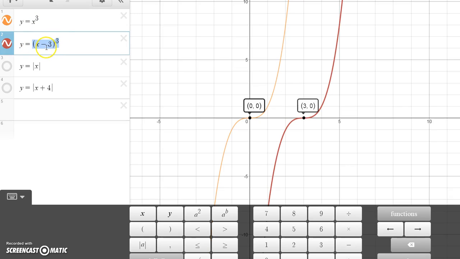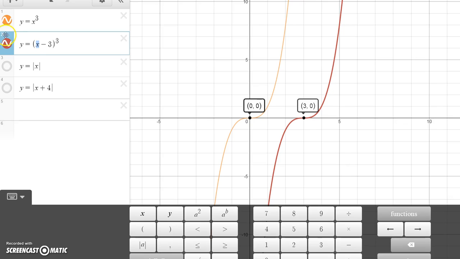When is y going to be 0 for this one? It's going to be 0 when x is positive 3. So basically, the point (0, 0) has to be shifted over to the point (3, 0). You see? So (0, 0) gets shifted over to the point (3, 0). So that's why it gets shifted to the right.